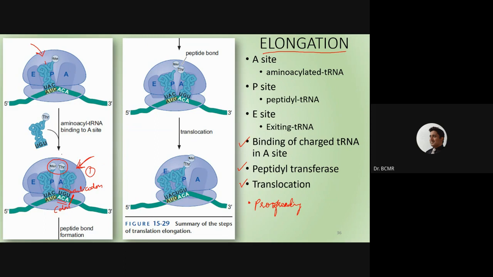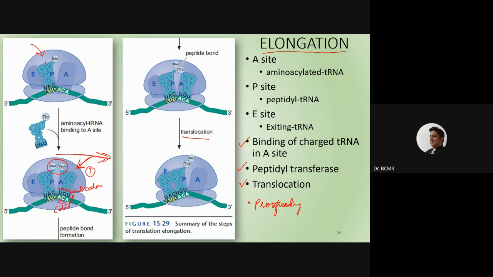And the next part is the movement of the ribosome in steps of threes. Elongation has too many activities, and it's a wonderful way of how the ribosome does that. We are at the process of how the nucleotide sequence is now changing to amino acid sequence. So that's what we will learn in this.